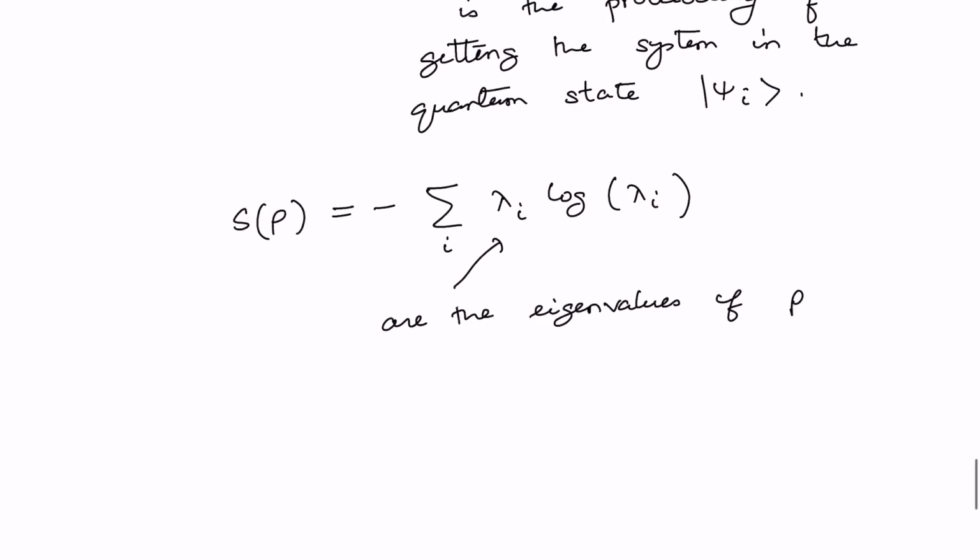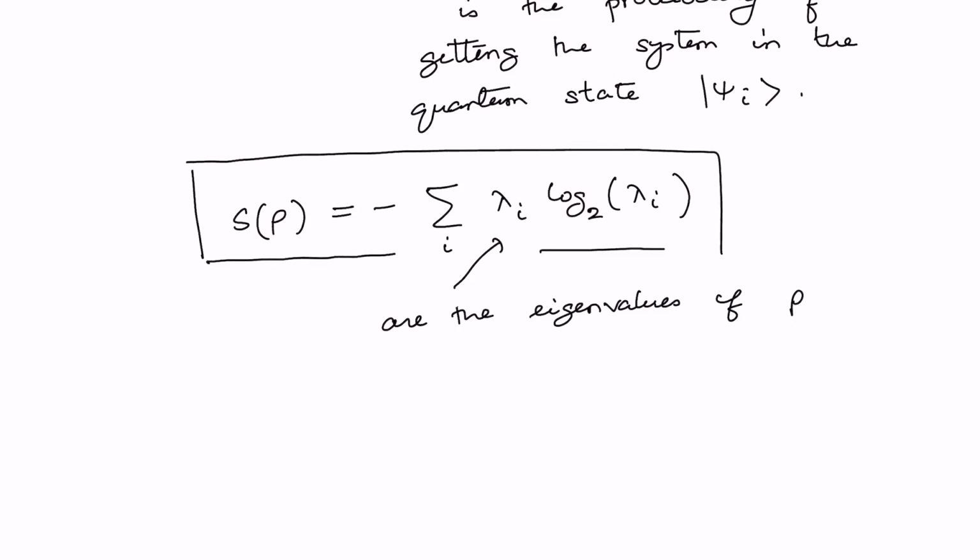Later on it will be more clear to you when I do some examples. As we deal with qubits or two-state systems, the logarithm base here is 2. So it is important to always keep in mind that the base of the logarithm is 2 because we are dealing with qubits or two-state systems.